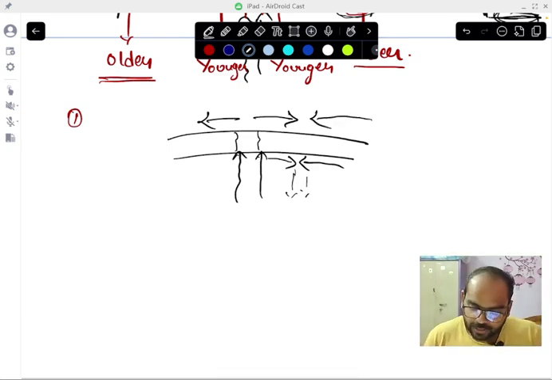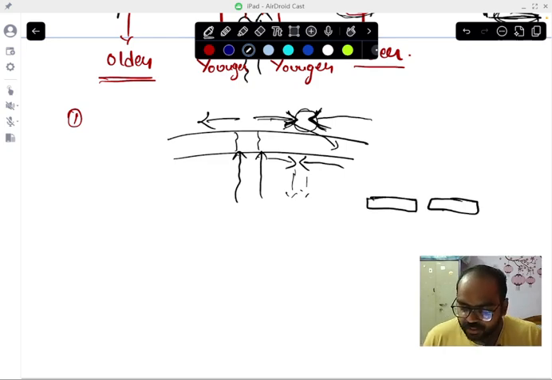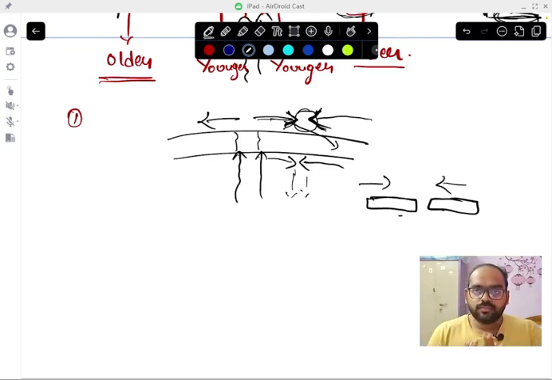Whenever two crusts converge, one of the crusts subsides down. Whenever two crustal parts converge, it is one crustal part and another crustal part. They both tend to converge. Why? Due to magma hitting the crustal part, it's getting diverged.